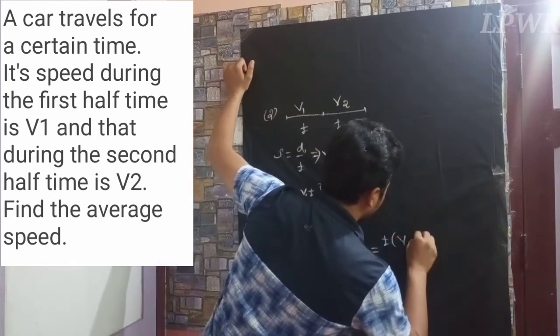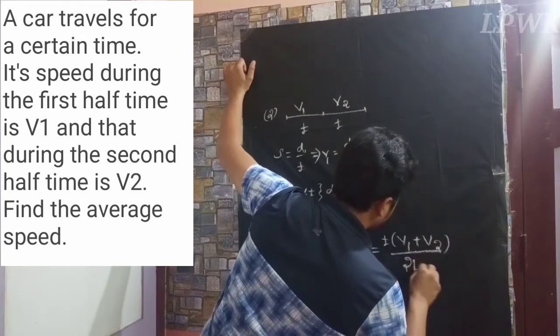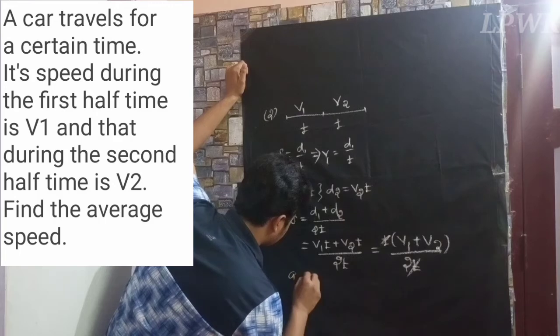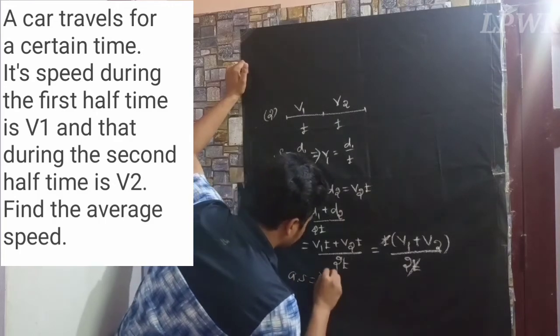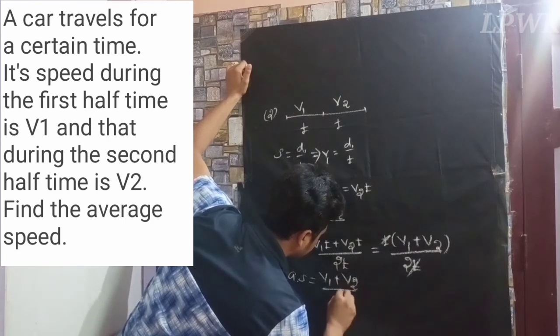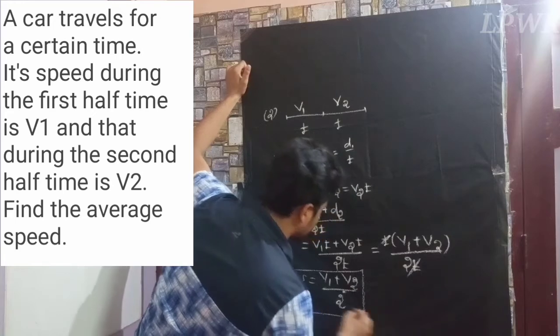Yeah, v1 plus v2 over 2, the t will be cancelled out here. So average speed will be v1 plus v2 by 2. So this will be the answer for this question.